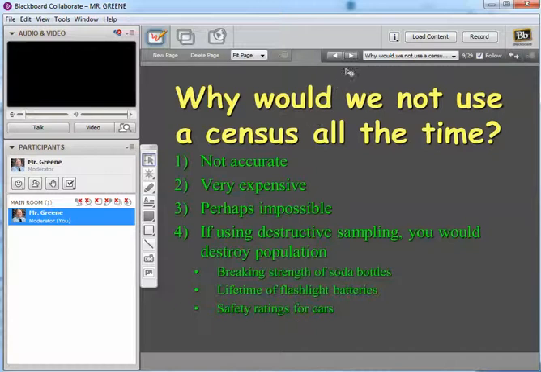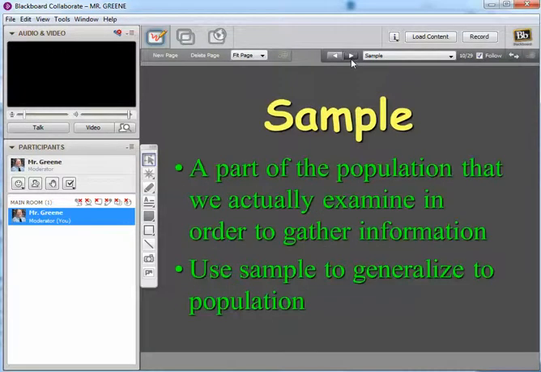So what do we do? Well, we can't take censuses every time. So one of the things they do is they make a sample. A sample is a part of the population. It's not the whole population. It's just a part of the population. We're going to look at that sample and make a determination of what we want to know, and we're going to use that sample to generalize to the entire population.